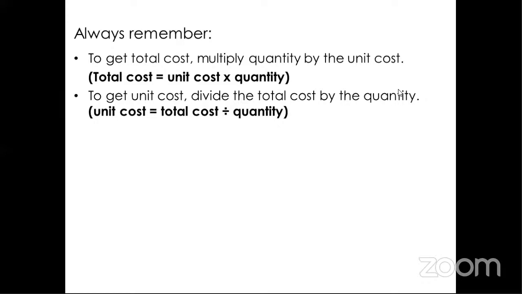Yes, so when the unit cost is missing, we are going to divide the total cost by the quantity. All this we shall find in the table. Then the third point is, Bades, can you read the third point, Bades?